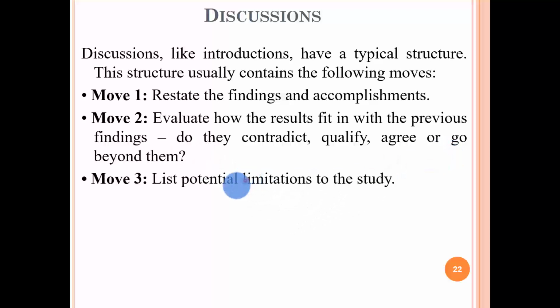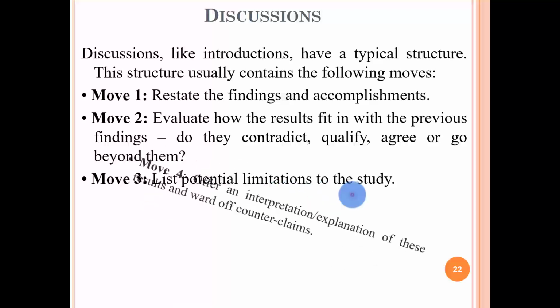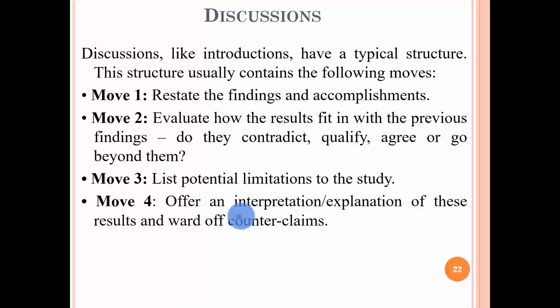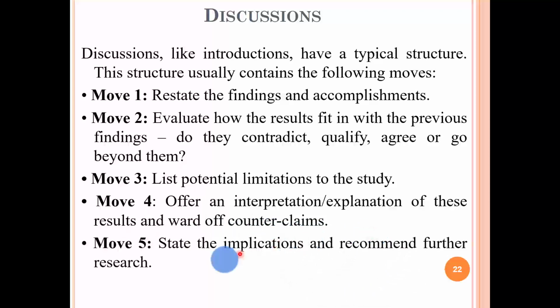Then list potential limitations of the study. Then offer an interpretation and explanation of these results, and counterclaims. This is the 4th move. Then the 5th move: state the implications and recommended further research.